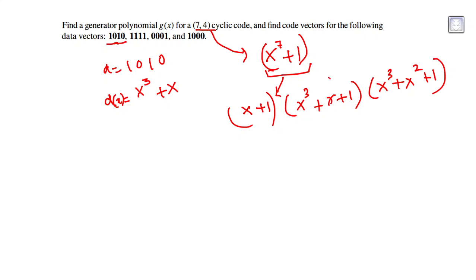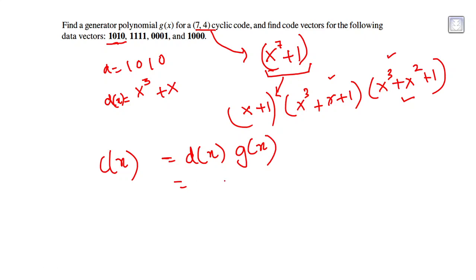Both of these are monic, that means the highest and the lowest components are available. So both of these can be used as a generator polynomial. I will be using this as a generator polynomial in this numerical. So C(x) will be D(x) into g(x), that is x cube plus x into x cube plus x square plus 1.